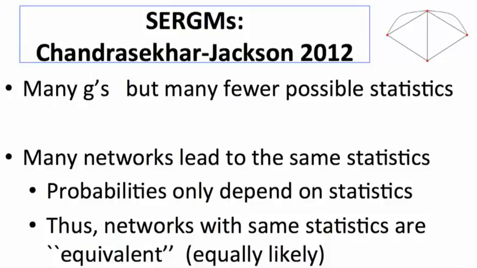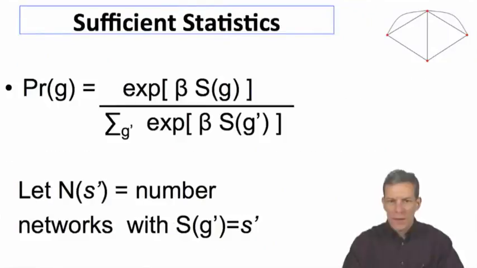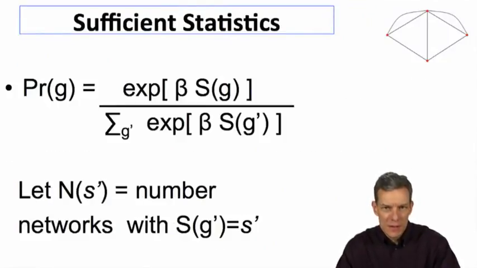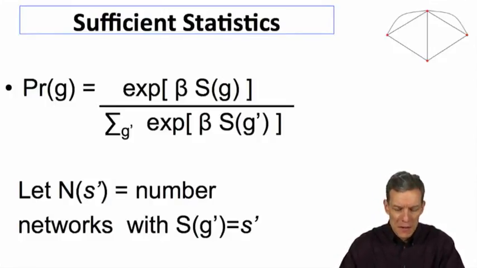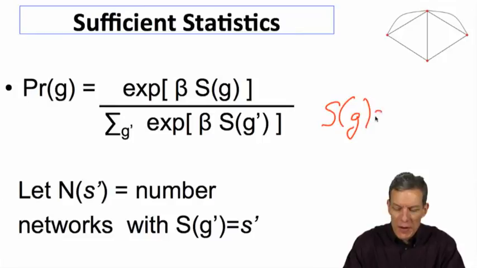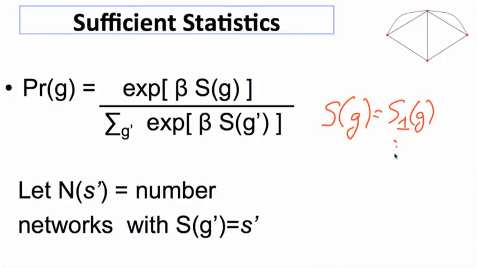Okay, so let's have a closer look at this. The idea is based on sufficient statistics, and in the exponential form that's very easy. Let S of G be the vector S1 of G, S2, etc. So we've got some K statistics on a graph, and beta is equal to beta 1 through beta k.